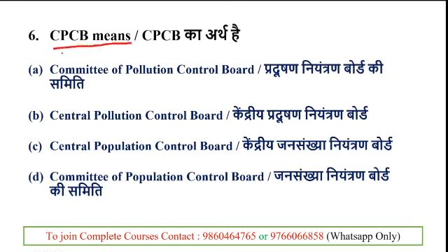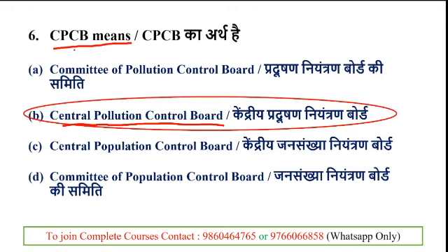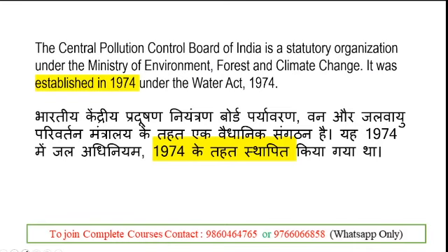CPCB, the full form of CPCB. These are the examples with the options related to CPCB, and the correct option is the Central Pollution Control Board. CPCB means the Central Pollution Control Board, and it was formed in 1974 under the Water Act 1974.